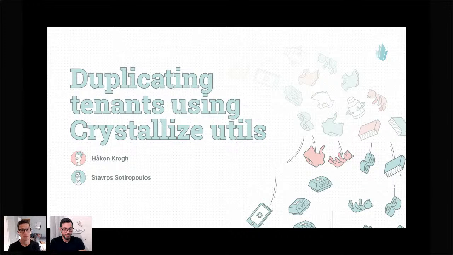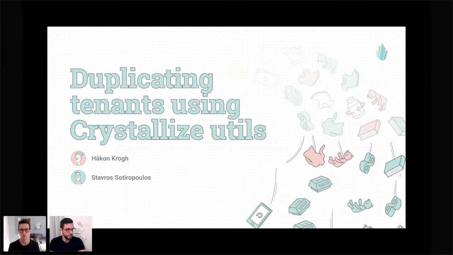So this is what we're supposed to talk about today: the ability to pull down all the data and structure from a tenant and use that to populate a new tenant, giving you two equal tenants to play with in the end.